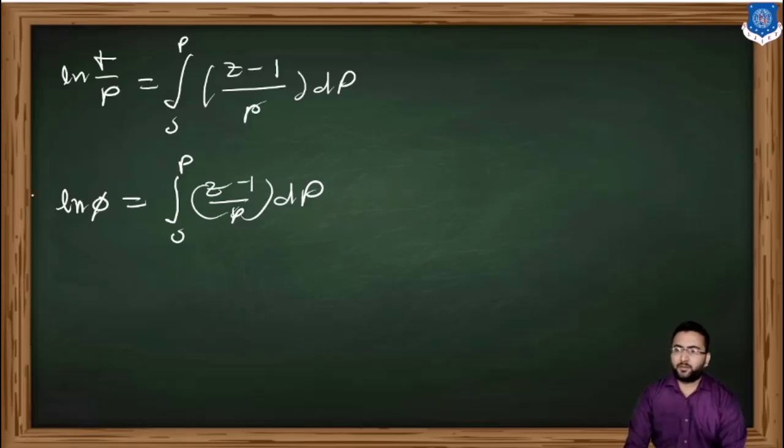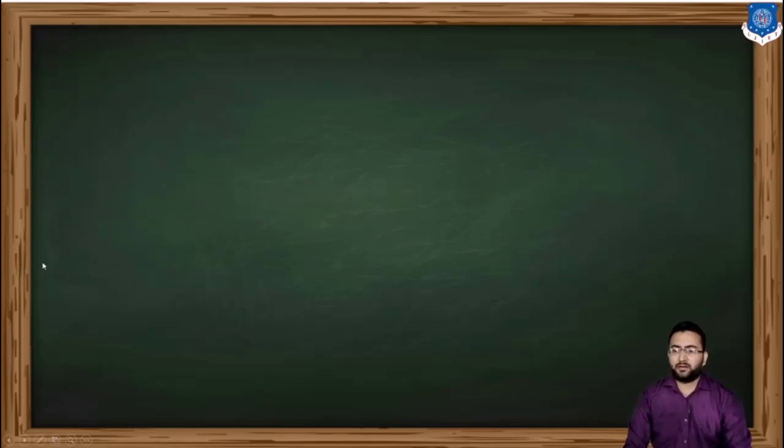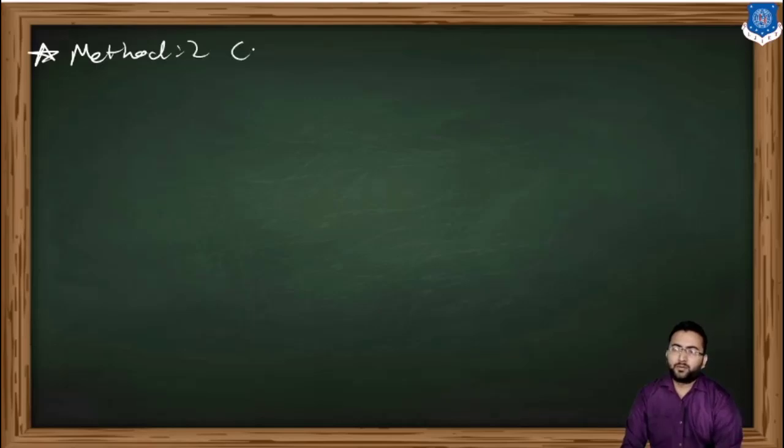This is method number 1, where we use compressibility factor to find out the fugacity and fugacity coefficient. Now let's discuss the second method. In the second method, we are going to use the residual volume to find out the fugacity of the gas. Let's first write method 2, using residual volume.